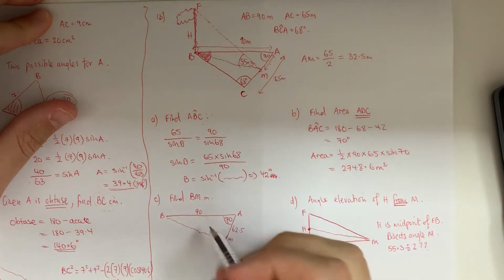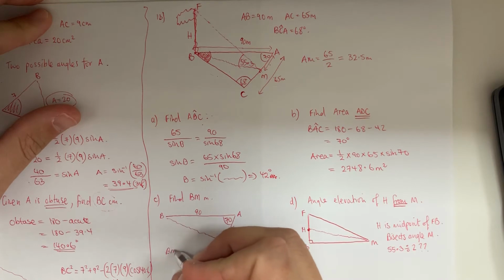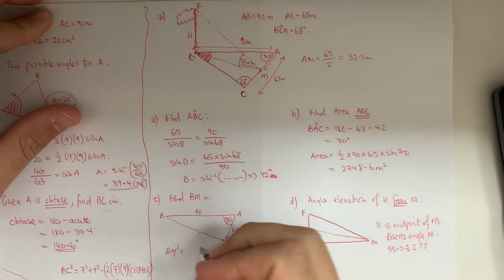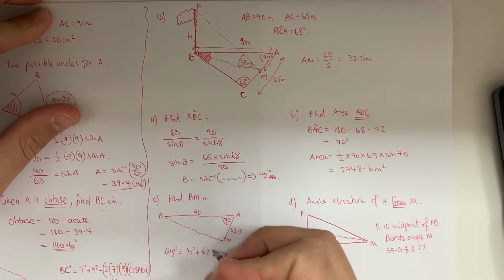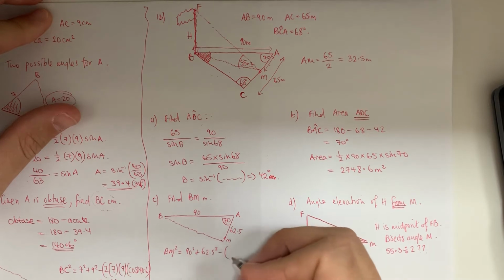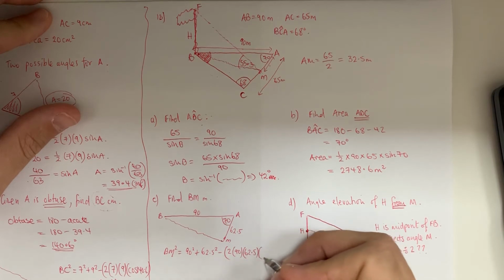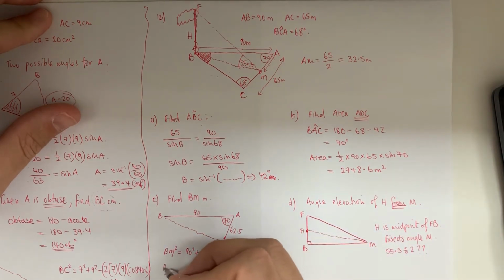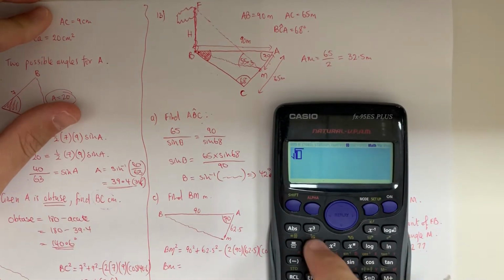So it's cosine rule. So I have an angle between two sides. So BM squared is equal to 90 squared plus 32.5 squared minus bracket 2 times 90 times 32.5 times cos 70. So pop it all into my favourite calculator.